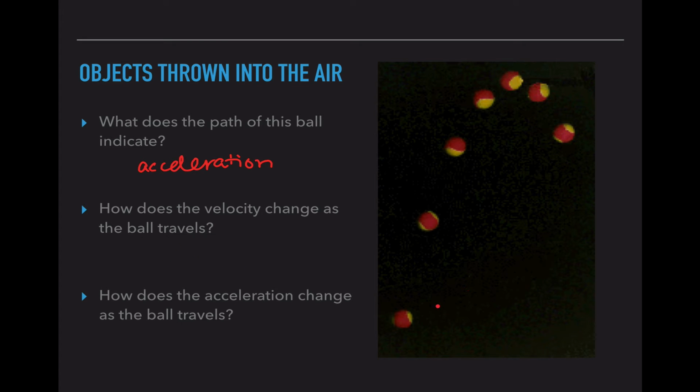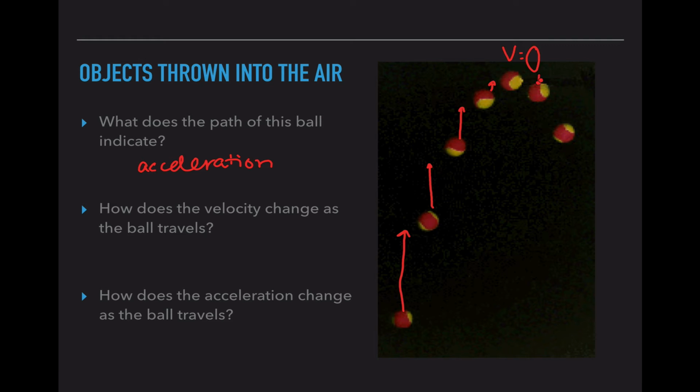So on this tennis ball, I'm actually going to draw the velocity vector arrow. So we have a relatively large vector arrow for the first ball. We have a slightly smaller one, and then slightly smaller and smaller, and at the very top, the velocity of this tennis ball is actually 0 for a small portion of time.